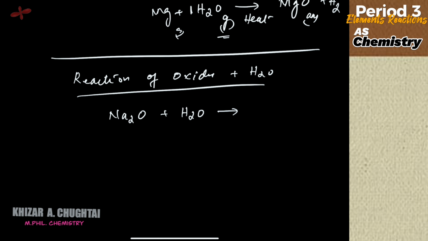Again, it's going to make sodium hydroxide. So 2 mole of NaOH aqueous is supposed to be formed. It's a solid, water is a liquid, and it is going to react with the water to make 2 mole of sodium hydroxide. Next thing is the pH of this solution is supposed to be 13 to 14 as it is a strong alkali.